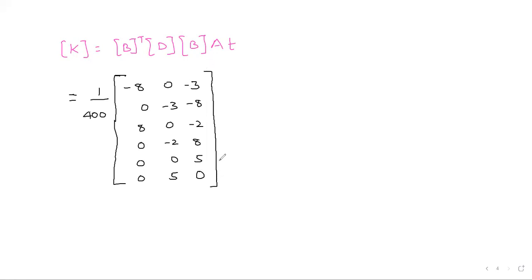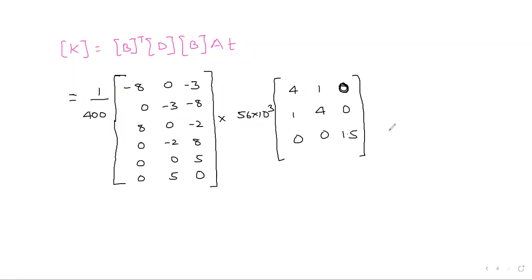This is B transpose. Then we have the D matrix. What is our D matrix? D matrix is 56 into 10 to the power 3, times 4 1 0, 1 4 0, and then 0 0 1.5. Then we have the B matrix.